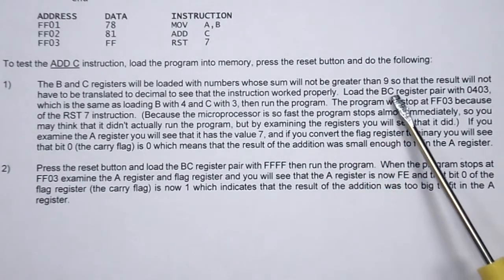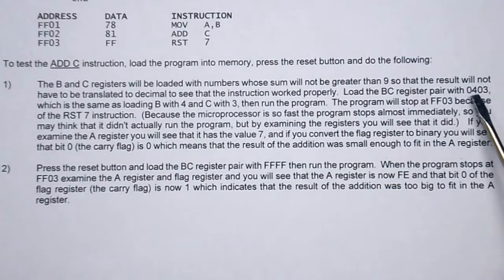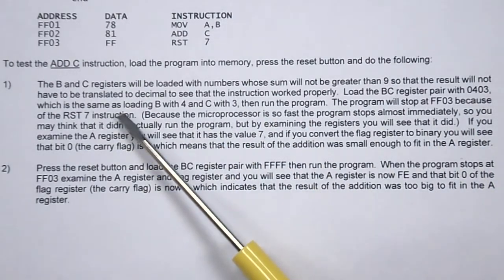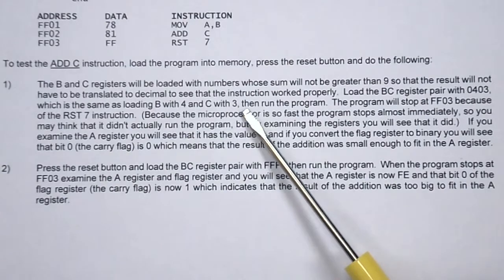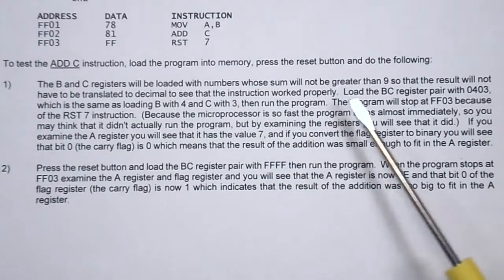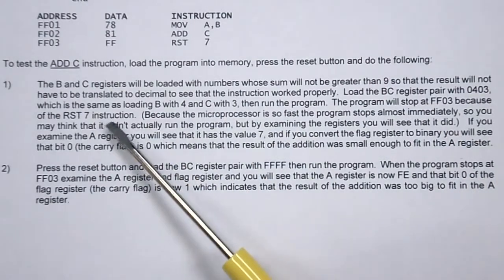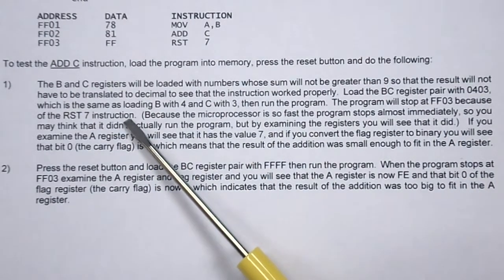So we're going to load the BC register pair with 0403, which is the same as loading B with 4 and C with 3, and then we're going to run the program. The program will stop at FF03 because of the restart 7 instruction.